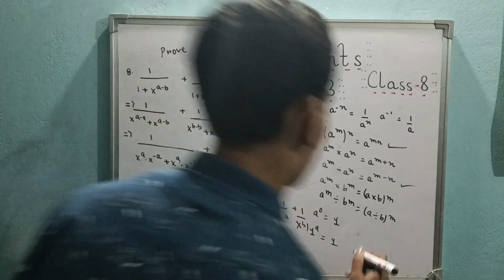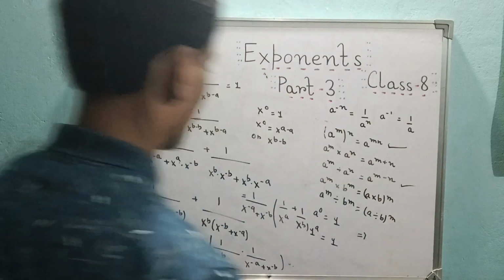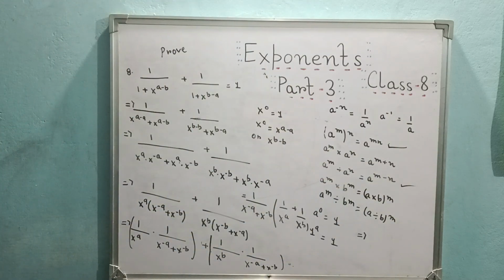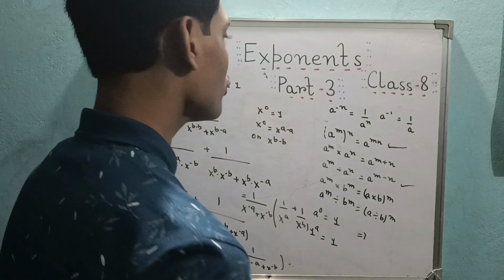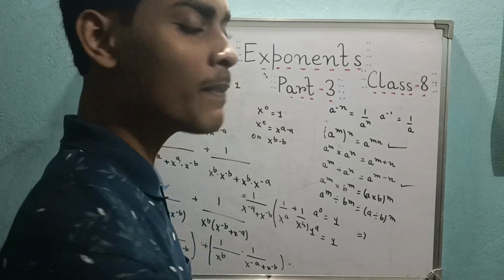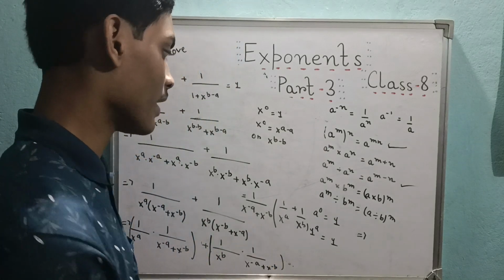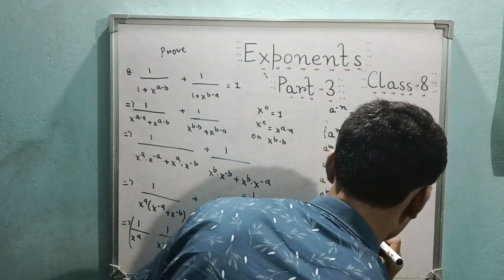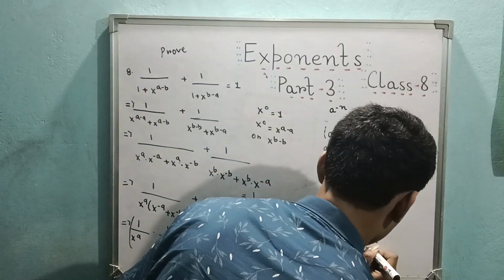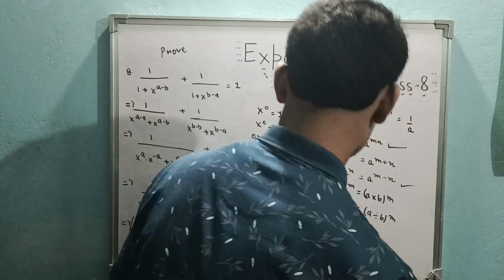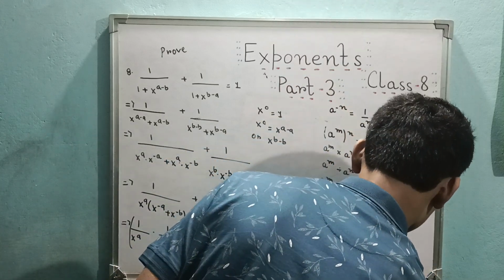Now again reverse. What is 1 by x to the power a? X to the power minus a, right? Just do that. I am confused about the way they have framed this question.